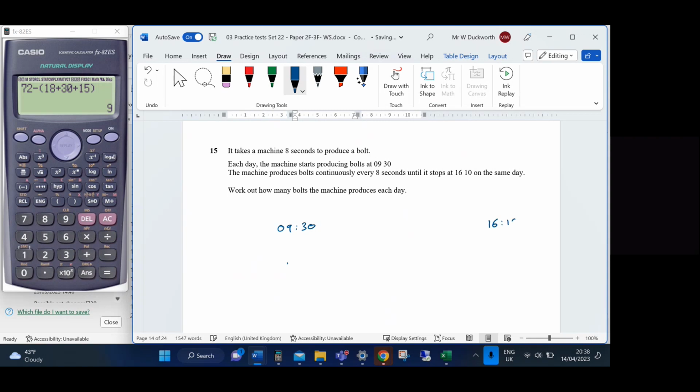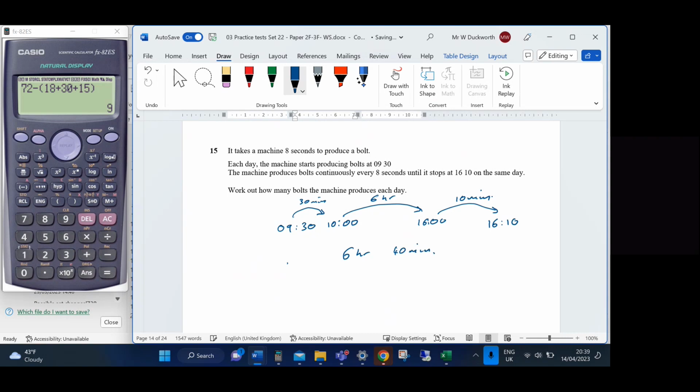I find working out time differences easiest by chunking, particularly if I've not got a calculator. So that would be a difference of 30 minutes. Then I'd chunk to the closest hour. So that would be 6 hours. And then we've got another 10 minutes. So we've got a total of 6 hours and 40 minutes.